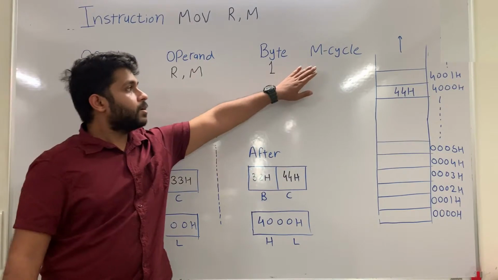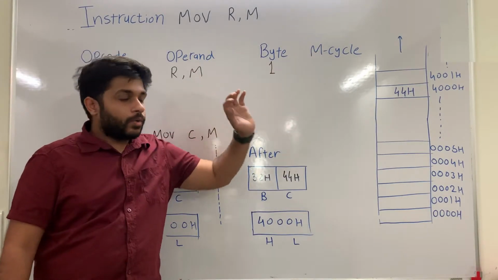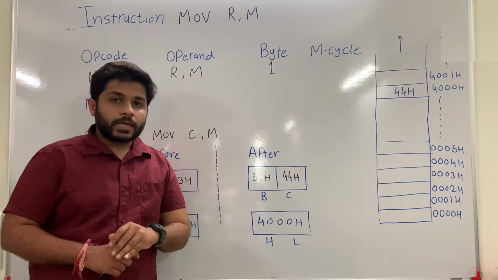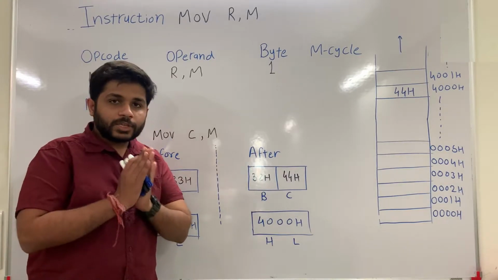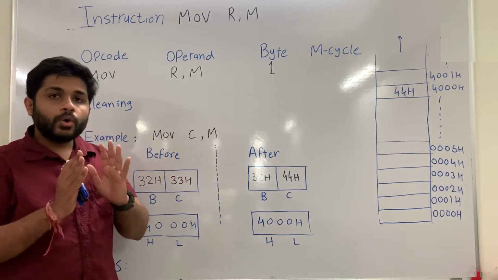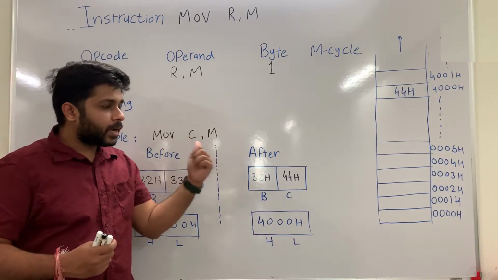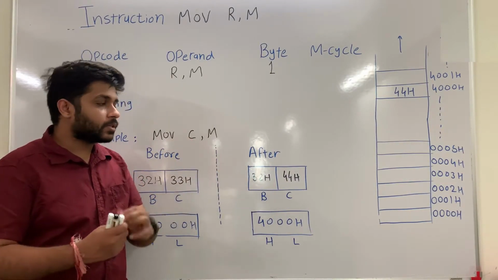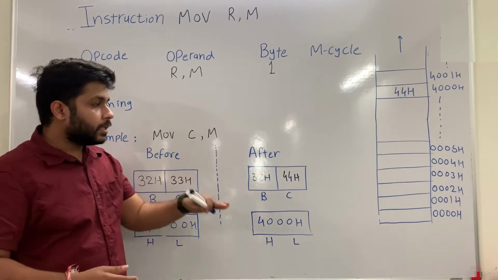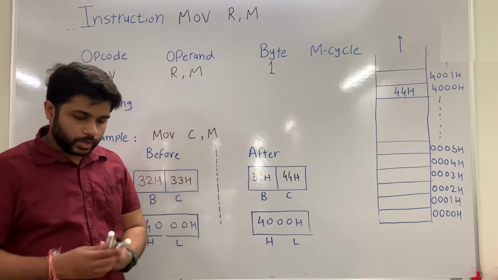Now let's see the machine cycle. How many machine cycles will be required? To understand machine cycle, we have to see the whole process of the instruction. When we give the MOV C, M instruction to the microprocessor, the instruction will be stored in the memory from the starting location.